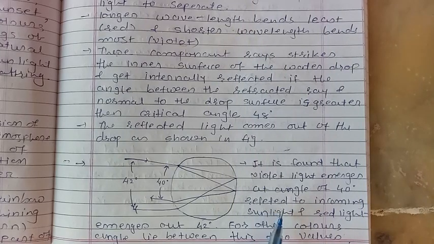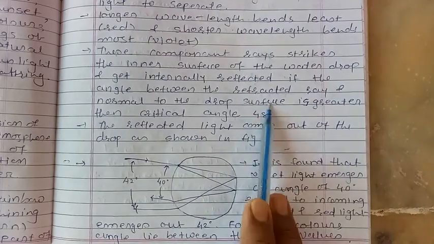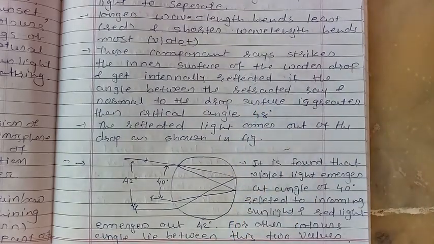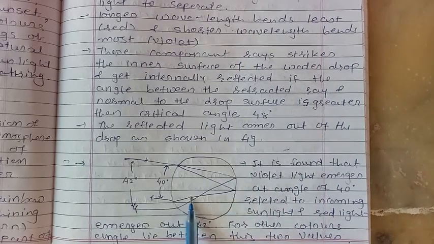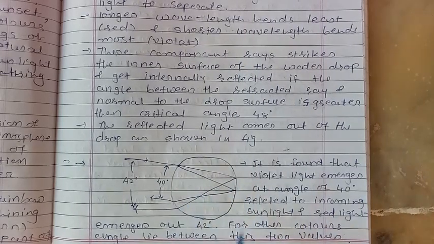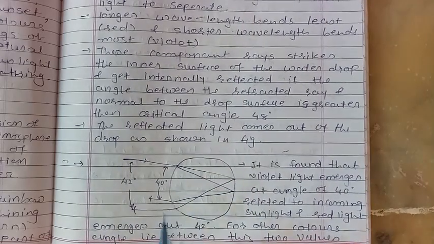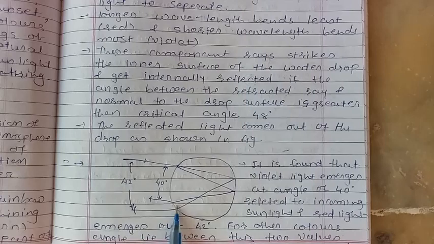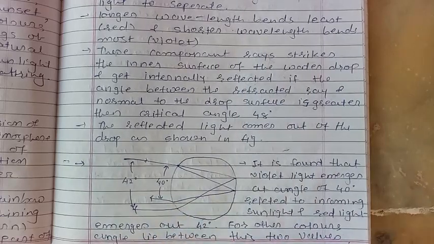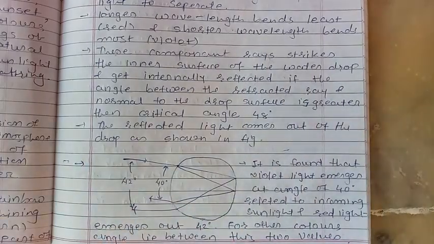The value of the critical angle is 48 degrees. So these colors of the ray are reflected in the same medium, as you can see in this figure, and after that it comes out of the drop as shown in this figure, right?